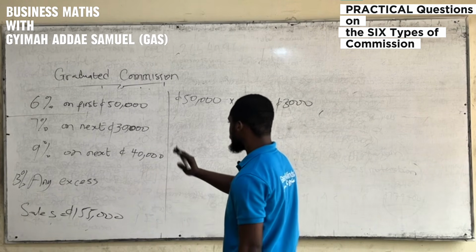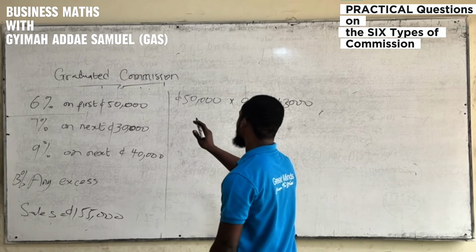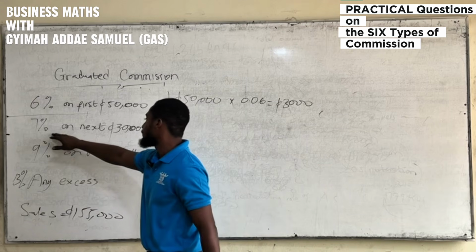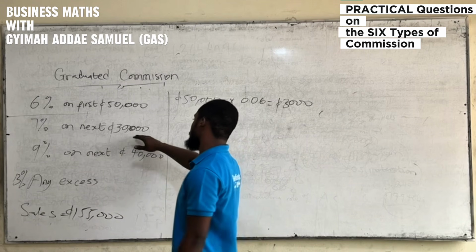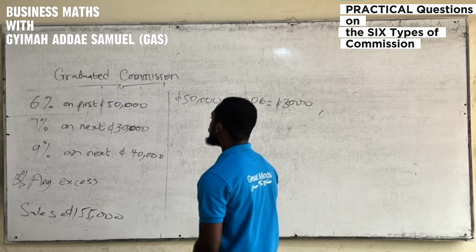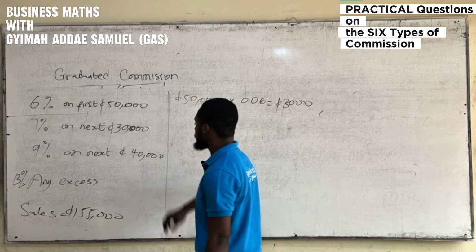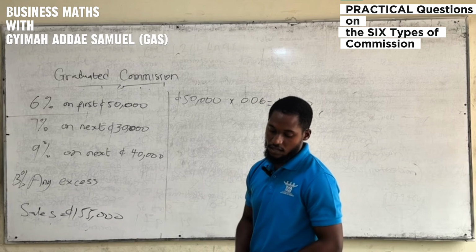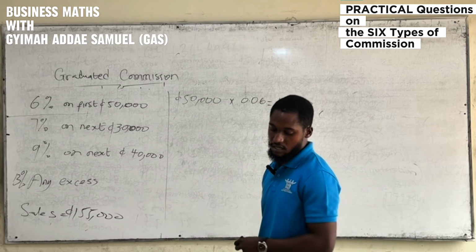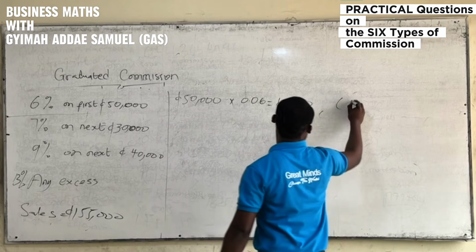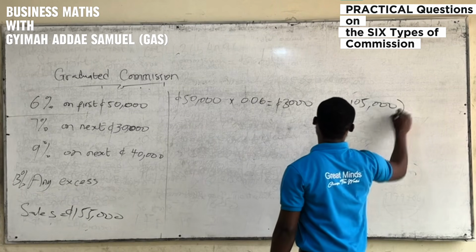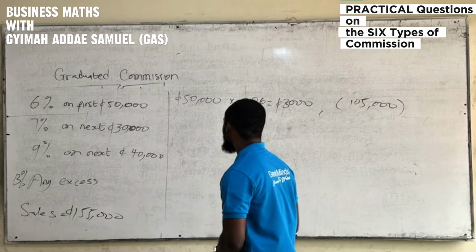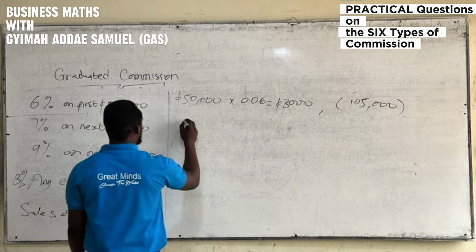So now after getting the 6% of the 50,000, you would have to check if you are eligible in calculating the 7% on next 30,000. And how do we do that? We subtract the 50,000 from the total sales, and you get 105,000 Ghana cedis, and the 105,000 Ghana cedis exceeds the 30,000, so you can solve for its 7%.